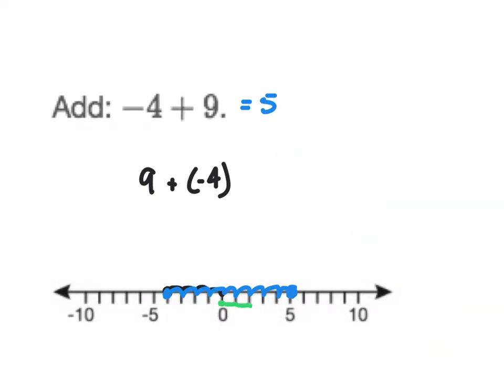So 1, 2, 3, 4, 5, 6, 7, 8, 9. And then I'm going to move 4 units to the left, and go 1, 2, 3, 4. And we end at 5 that way. So we actually get the same thing if we reorder things when we add them.